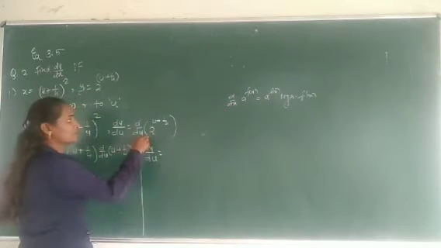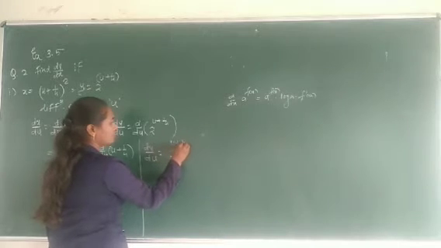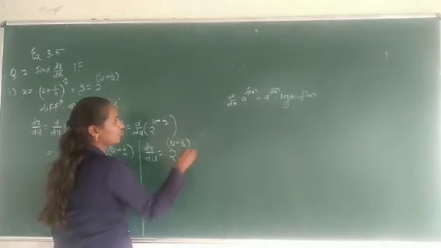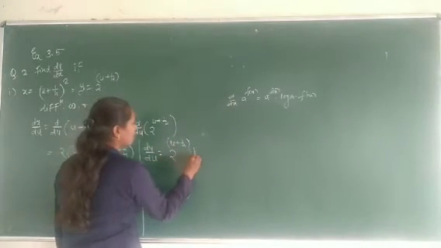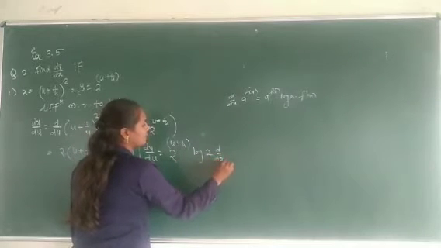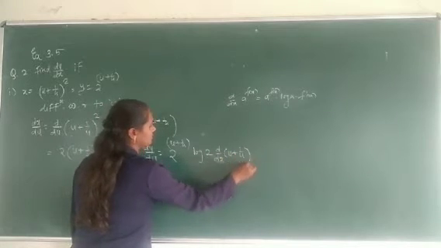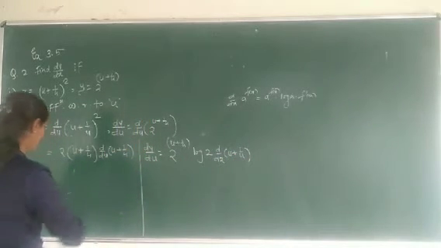So right here, 2 raised to (u + 1/u) as it is, into log a, that means log 2, into the derivative of the function. What is the function here? u + 1/u.